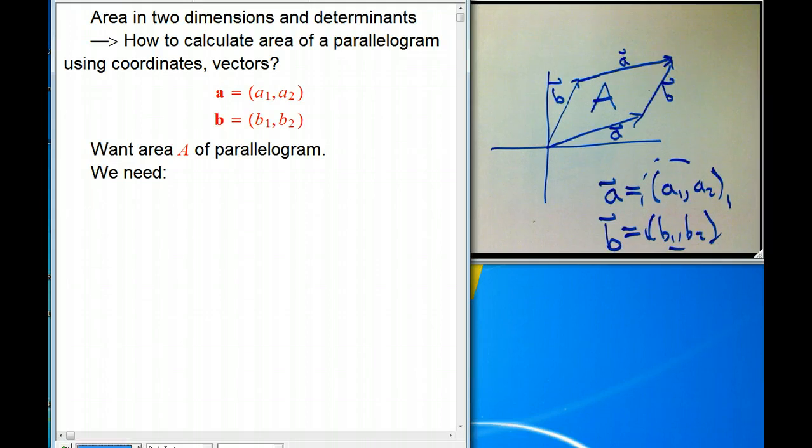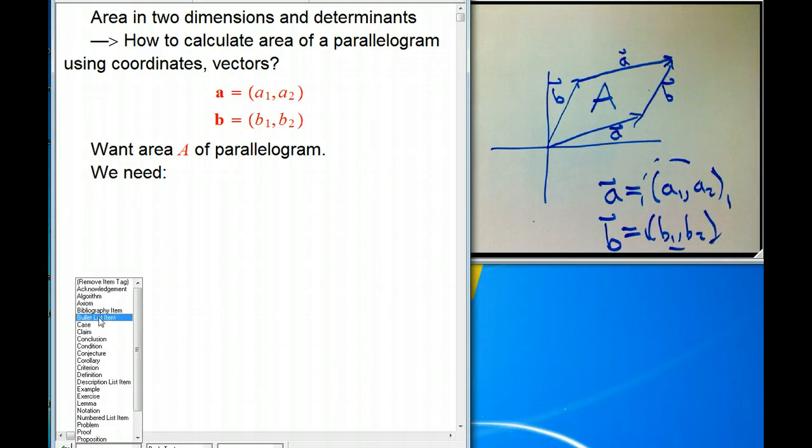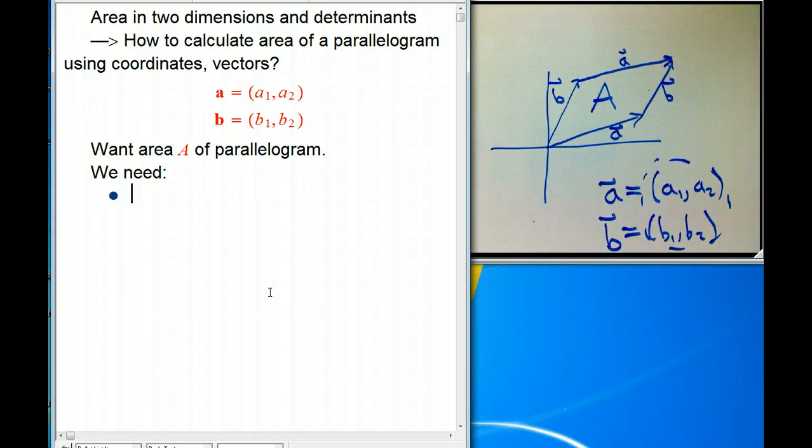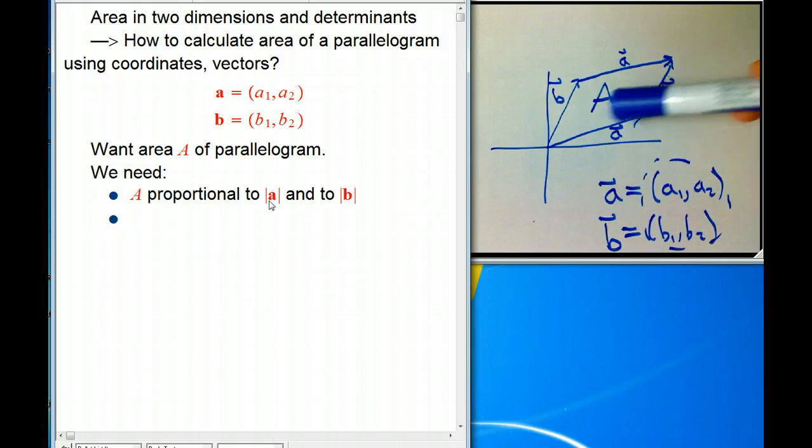One is that the area should be proportional to how big A is, so that's, of course, the magnitude of that vector A, and to the magnitude of the vector B.